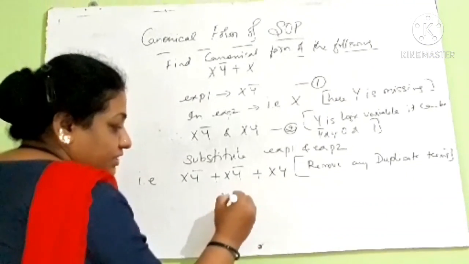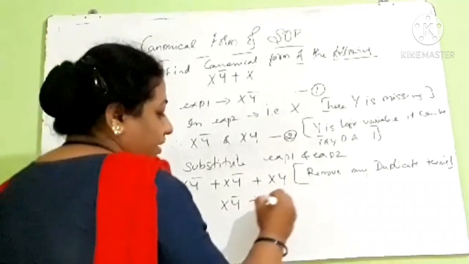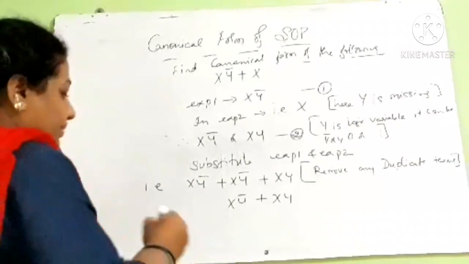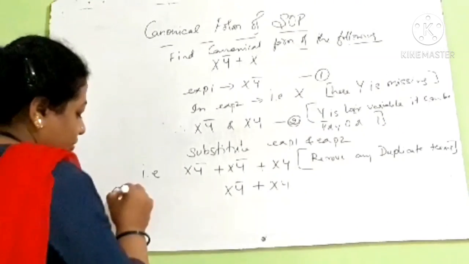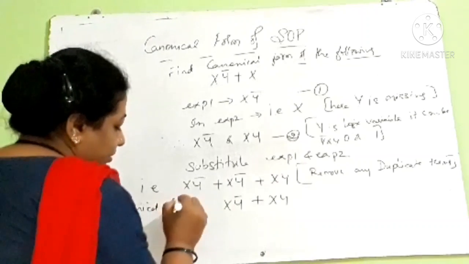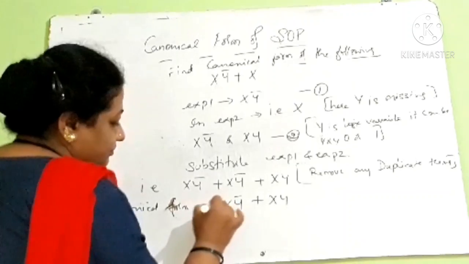After removing one term, it will be x y bar plus x y. So we can say that this is the canonical form.